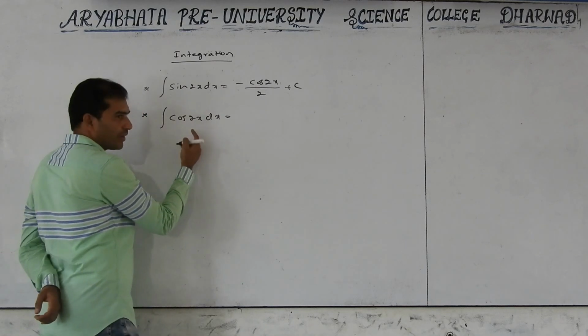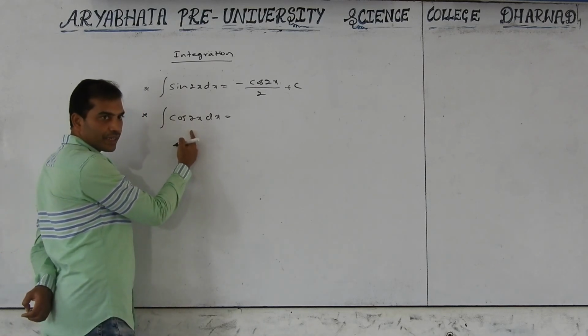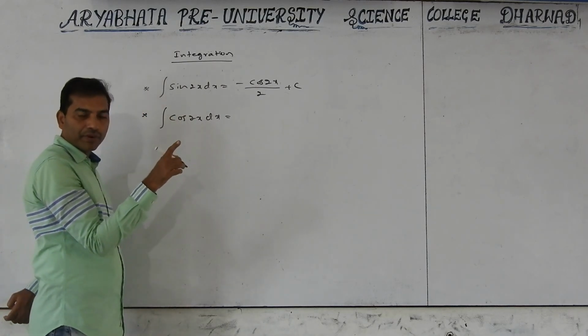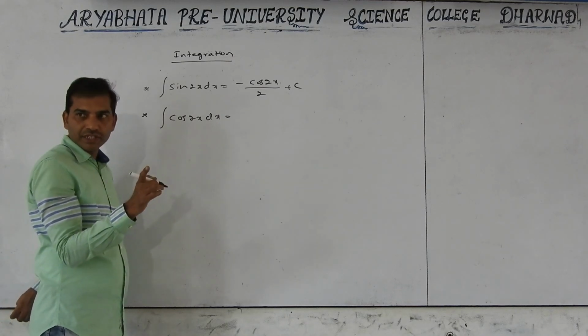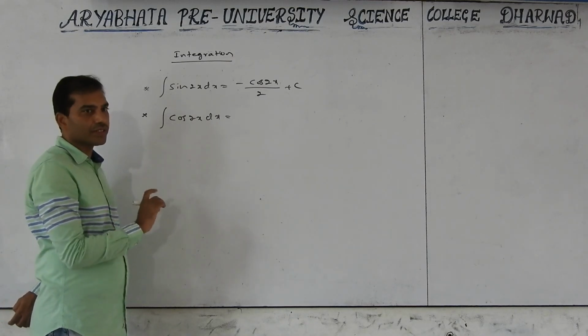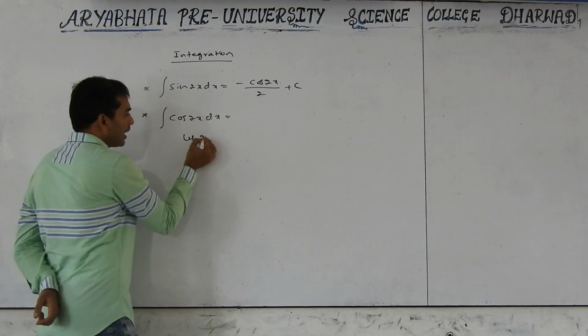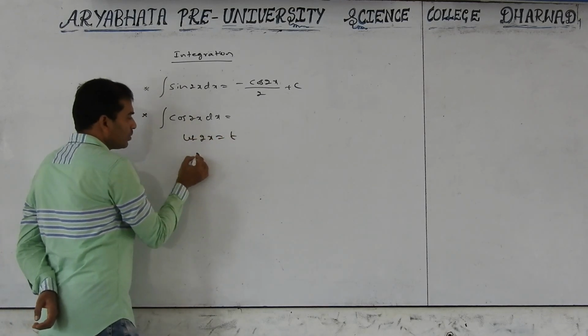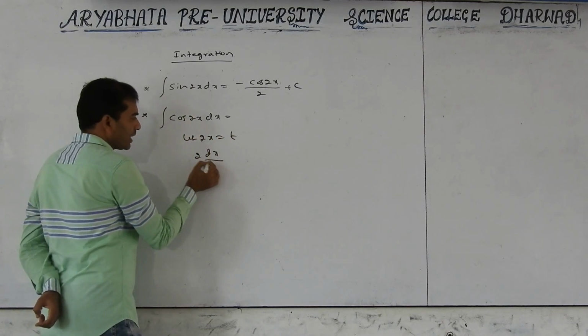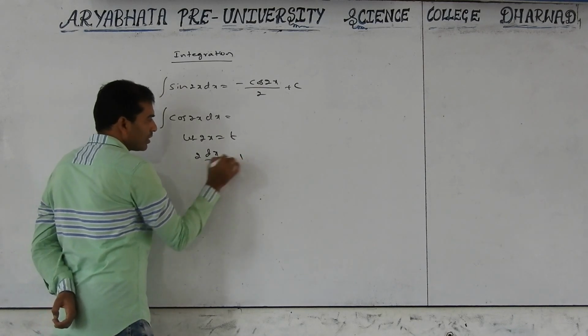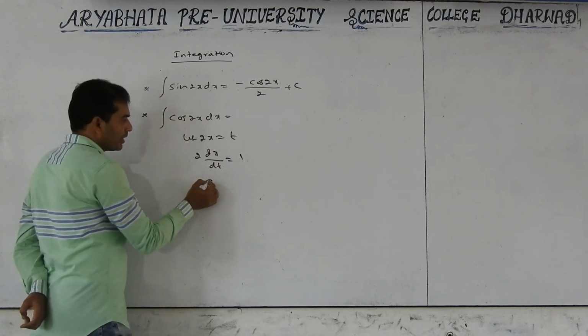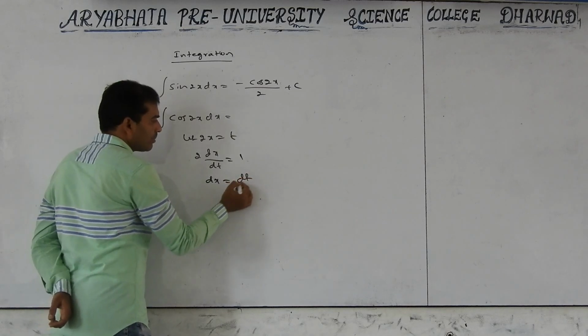Let me solve it once again. Let 2x equal to t. Is the substitution method applicable or not? Yes. 2x differentiation is 2, a constant. So let 2x equal to t, differentiating with respect to t, dx by dt equal to 1 by 2, so dx equal to dt by 2.